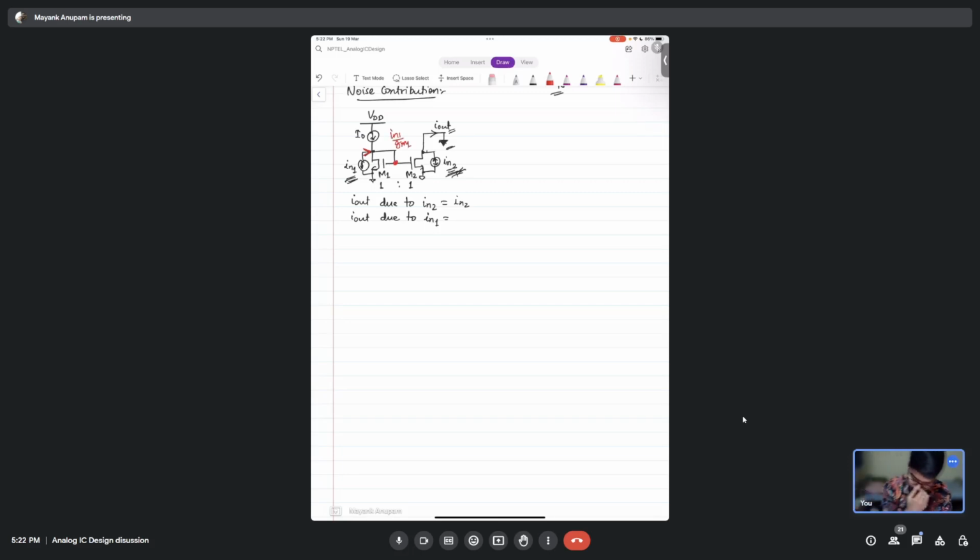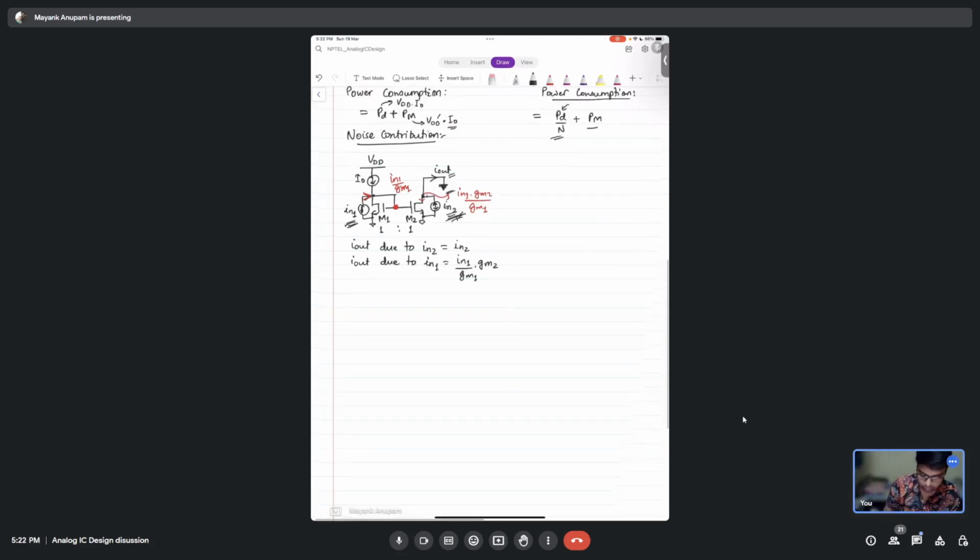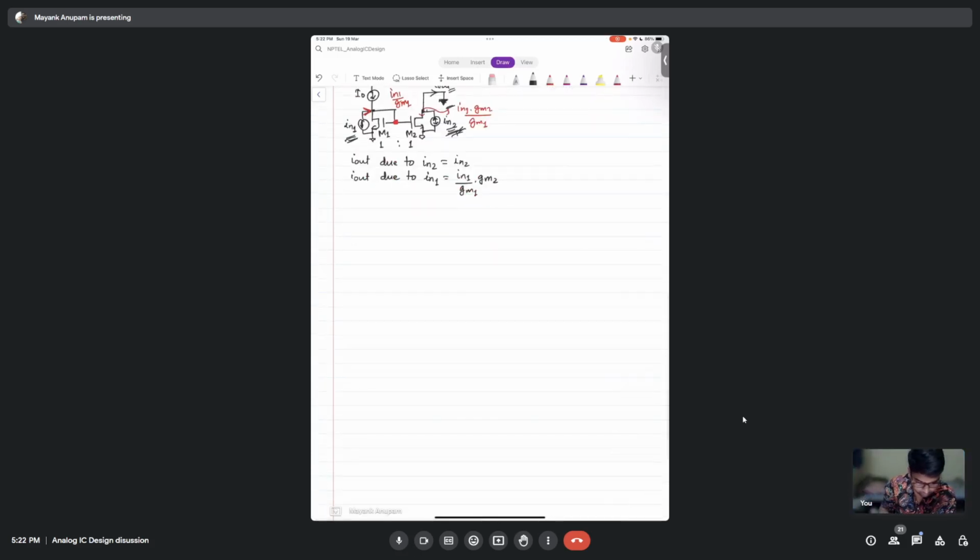Because of this voltage, an output current will flow here, equal to IN1 divided by gm1 into gm2, that is, IN1 into gm2 divided by gm1, correct?